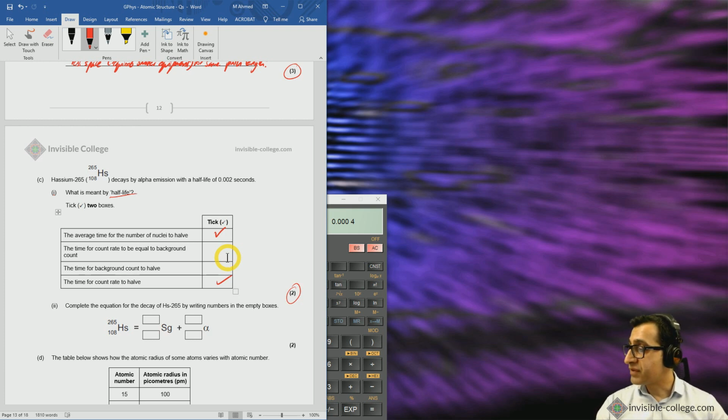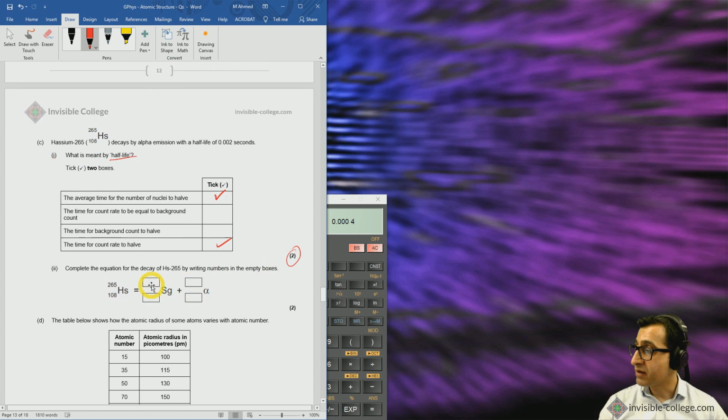So complete the equation for the decay of Hassium-265 by writing numbers in the empty boxes. So here we have Hassium-265, and we see that it's decaying to a different element here. Again, we're not being given a periodic table where we can simply look up the atomic number of this element; we're having to deduce it by knowing that we have an alpha particle being given off.